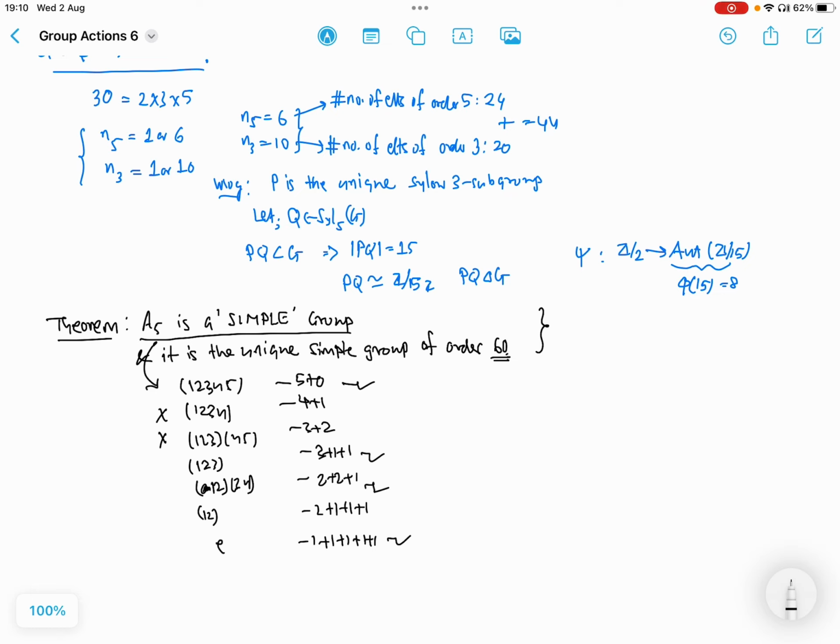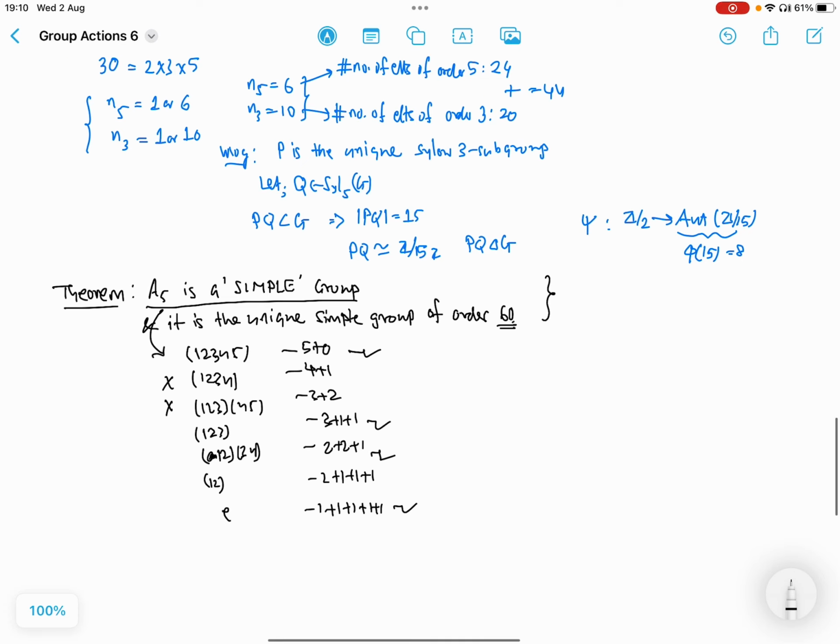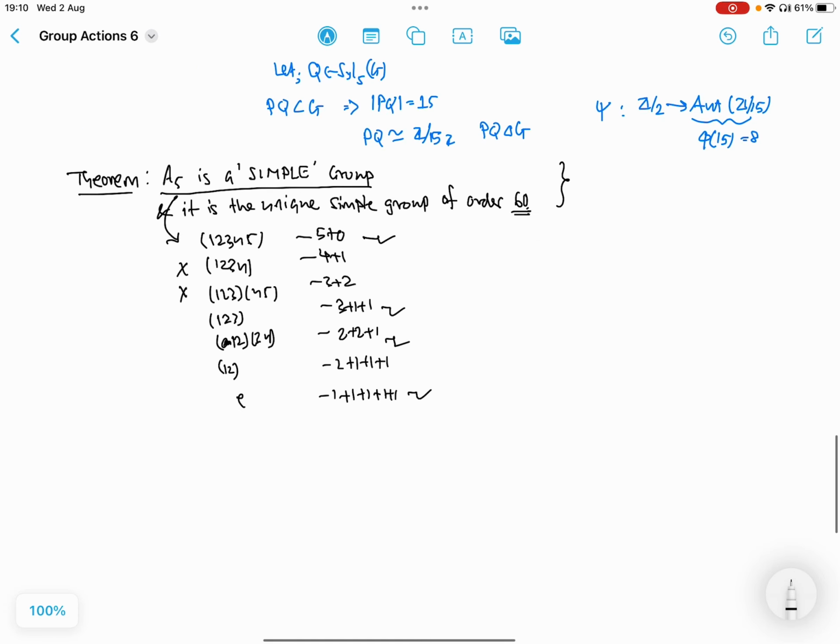Good. So now let's see how we can decompose this order 60 into these class equations. Firstly, there is a lemma that will do our job pretty easily. So what is this lemma saying? You can easily see the class equation for S5 is really easy to find.